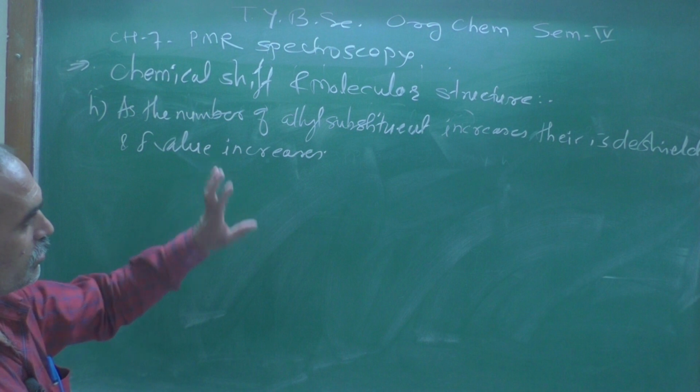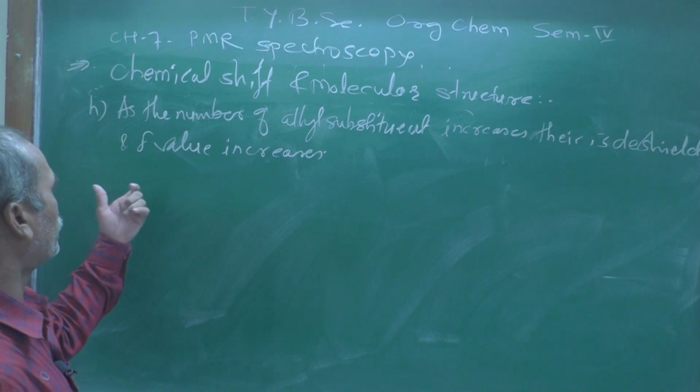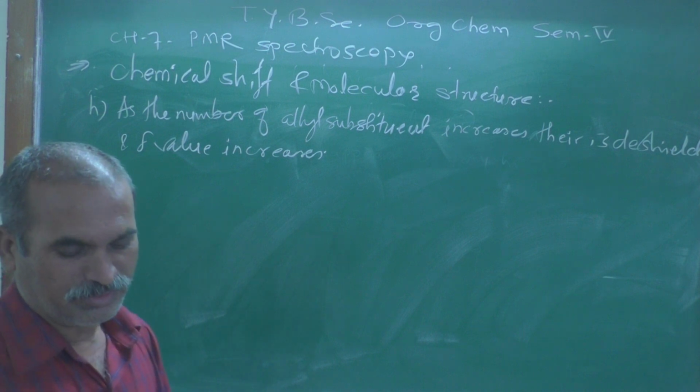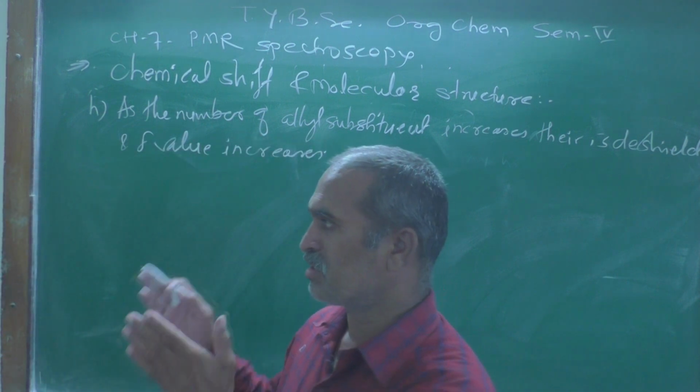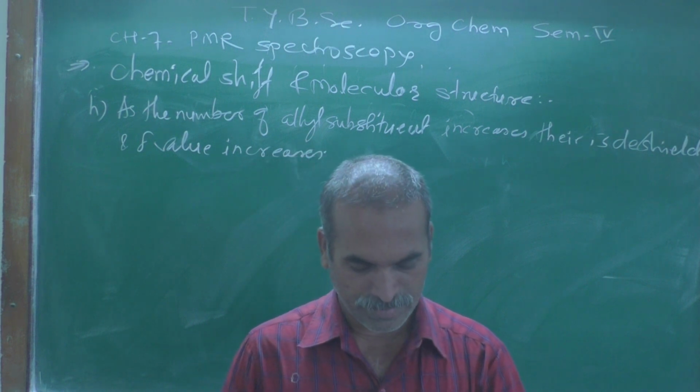As the number of alkyl substituents increases, there is de-shielding and the delta value increases. That is a general rule for this.